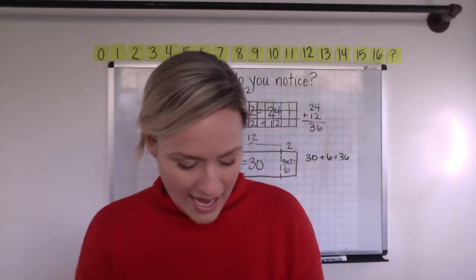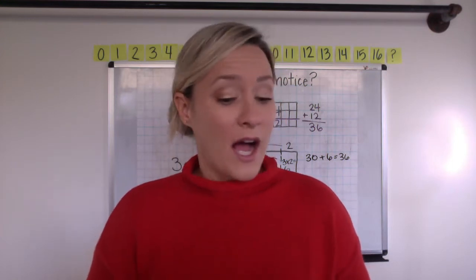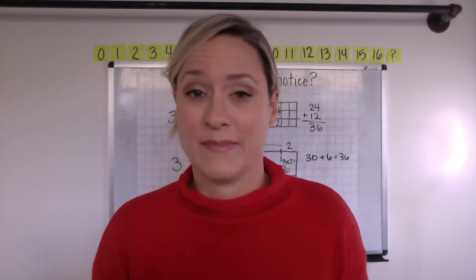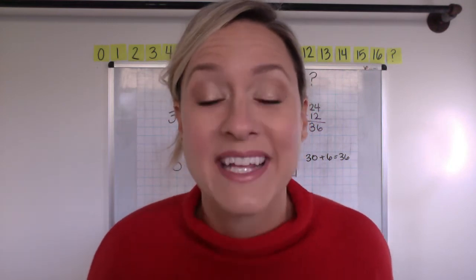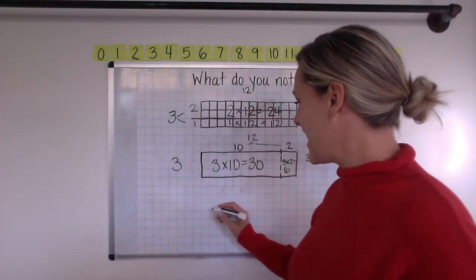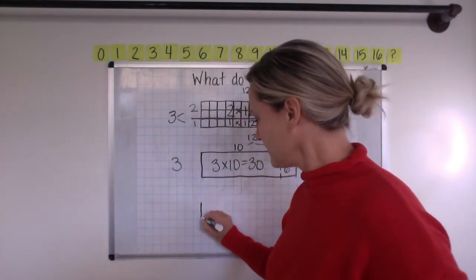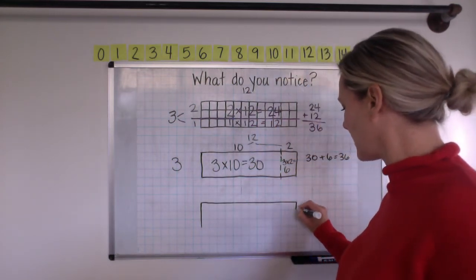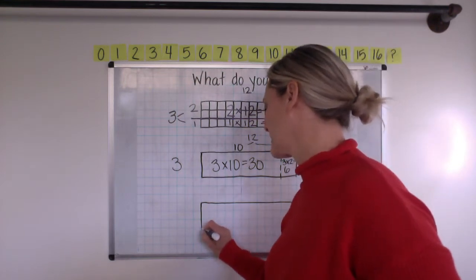Okay, I have more ideas because you know what? I spent a lot of time in your 3rd grade classrooms last year and I did the same thing and you guys had so many things to tell me. So I'm just trying to remember what the kids were telling me last year. So I actually remember that some people got creative and broke things up in a way I didn't really think about.